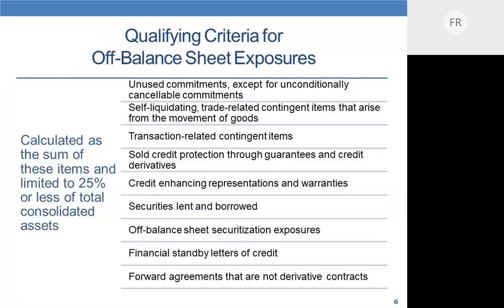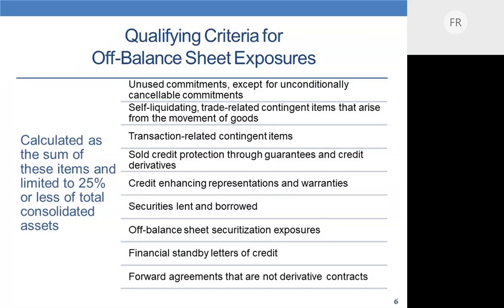So on to slide 6, which is going to cover the qualifying criteria with off-balance sheet exposures. For banks with off-balance sheet activities, the sum of these items is limited to 25% or less of total consolidated assets in order to qualify to use the CBLR framework.